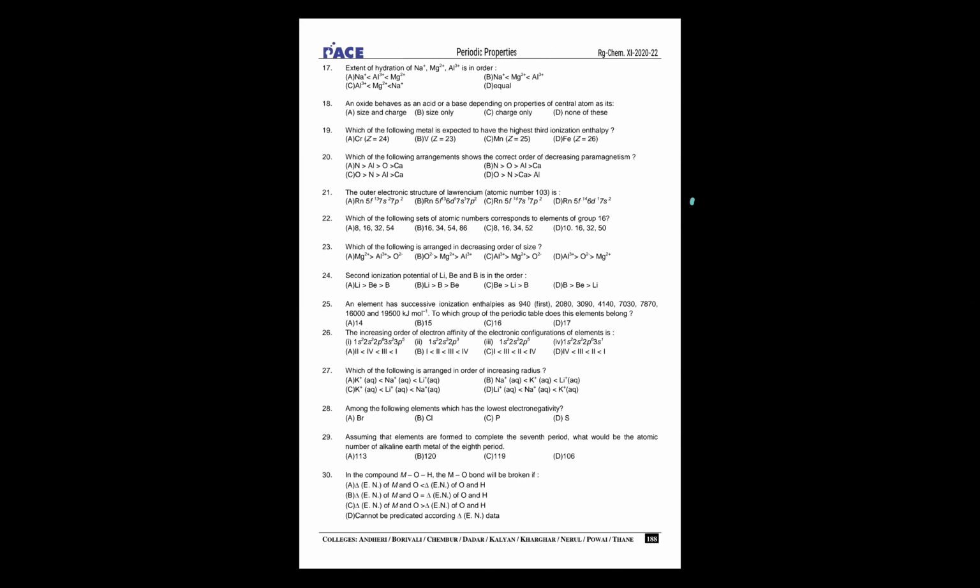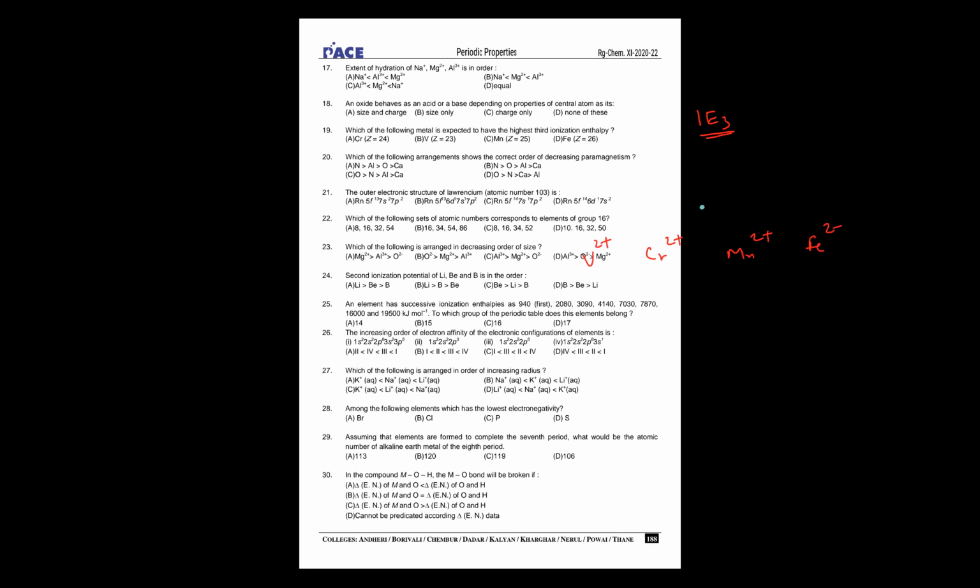We have to compare the IE3 values. To compare the IE3 values, we'll write the electronic configurations of the divalent ions. We'll write the configuration of chromium 2 plus, manganese 2 plus, vanadium 2 plus, and Fe2 plus. These are the metal ions.